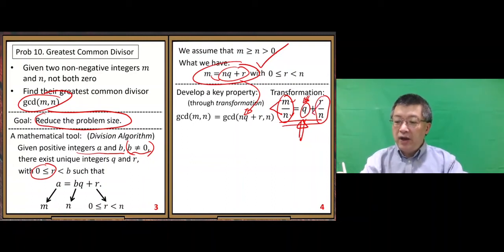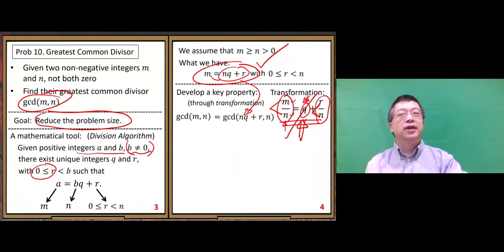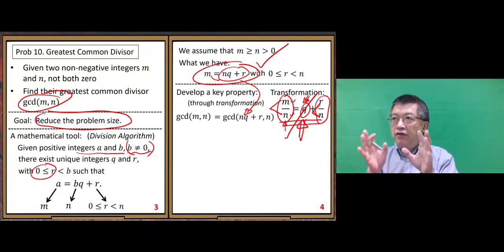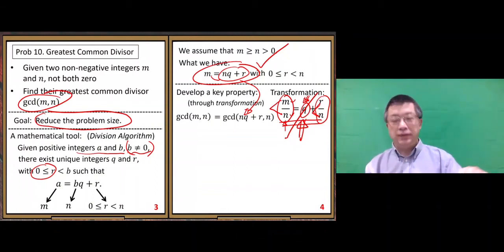Then the common factor of r and n will be the same as the common factor of m and n. So it's like this integer part is gone. That's the observation we need to have from this formula transformation.